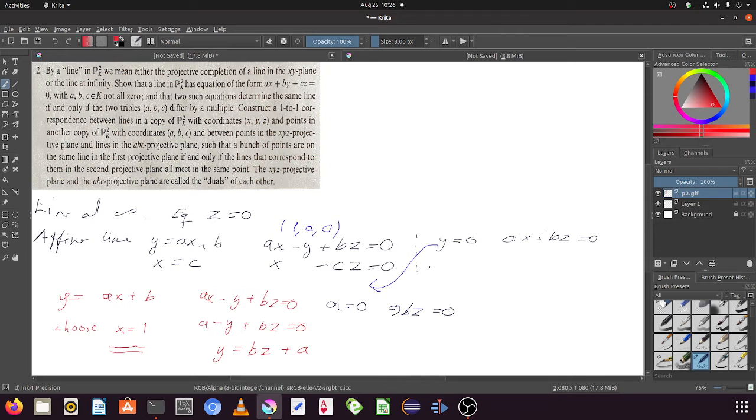So now the point at infinity, did I notice that anywhere?